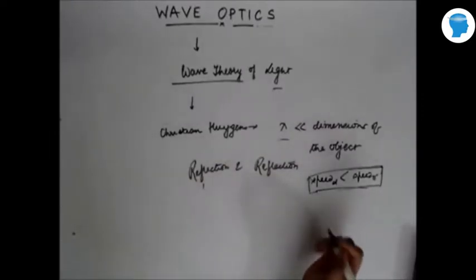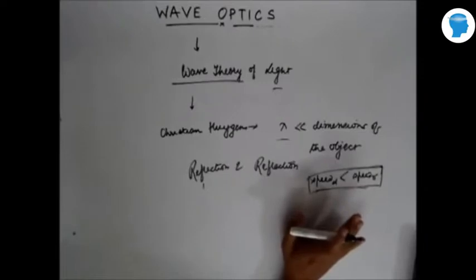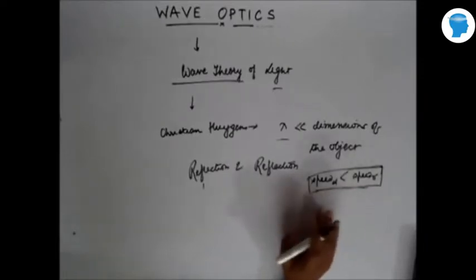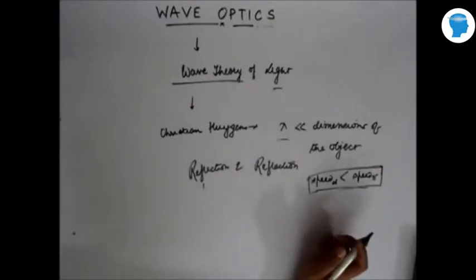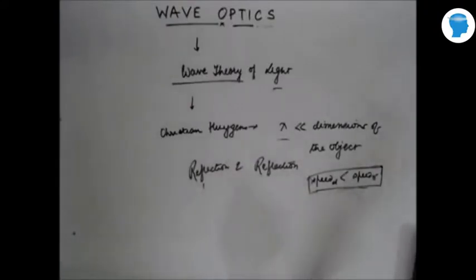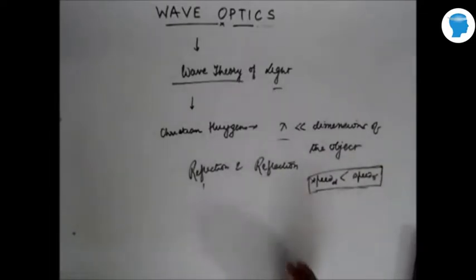After that, a lot of experiments were performed on diffraction and polarization, and finally it was accepted that light has a wave nature. Then, as I had discussed in my last chapter, there was the photoelectric effect which couldn't be explained by wave theory, and for which we had to consider the particle theory of light, and finally it was decided that light is both a wave and a particle, it has dual nature depending on the situation.